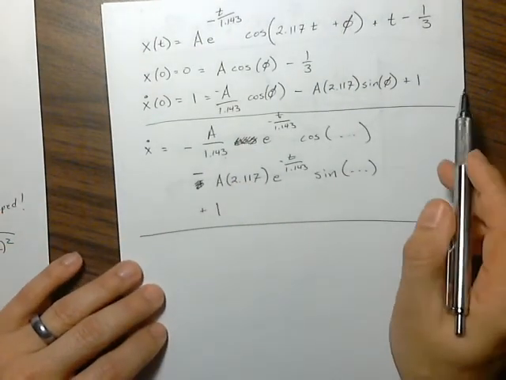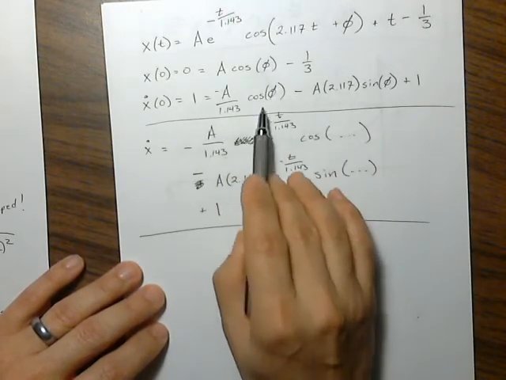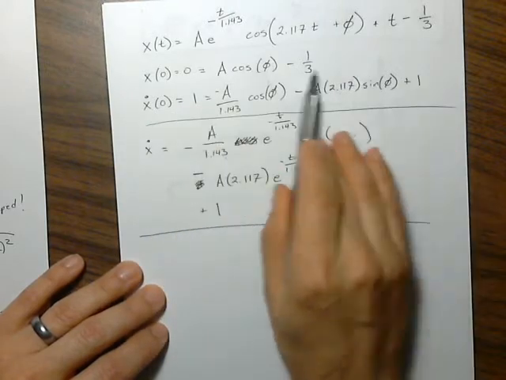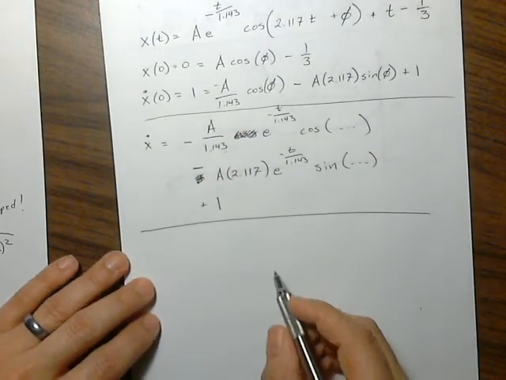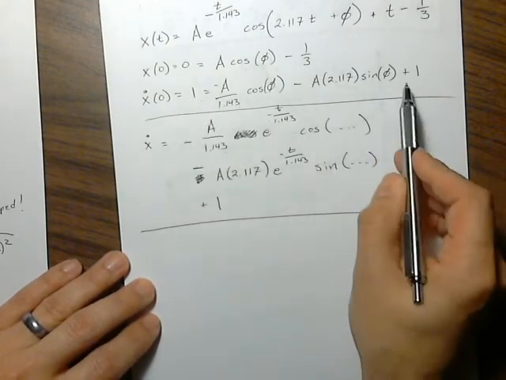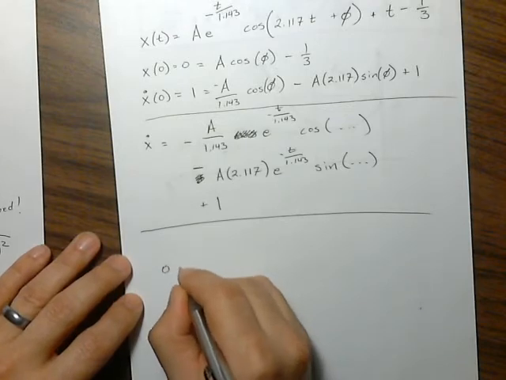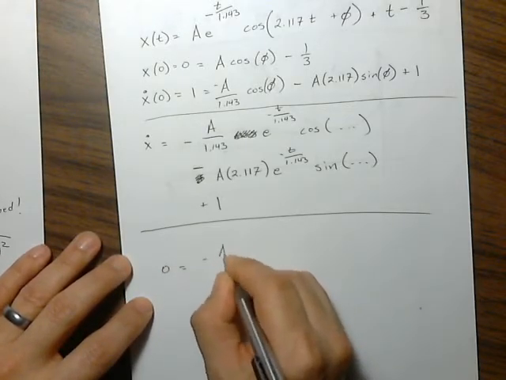All right, so we need a strategy to crack this open. Let's start by messing around with this equation here. I think this is the easiest one to get started with. If I subtract 1 from both sides, I've got this whole thing equal to 0, and that leaves me with this.